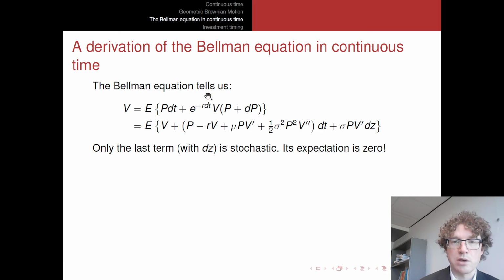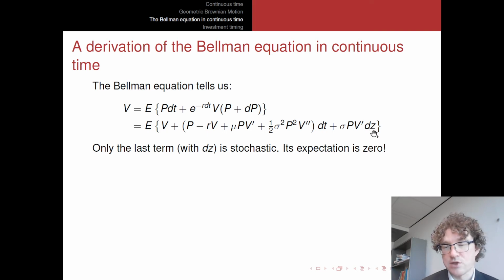Well, we're just working out what this is to first order in dt, all the stuff that we have in here except for this p dt term. And now we're almost there, because we're taking the expectation, and these are all deterministic things, but this thing actually is a stochastic term, and its expectation is 0.